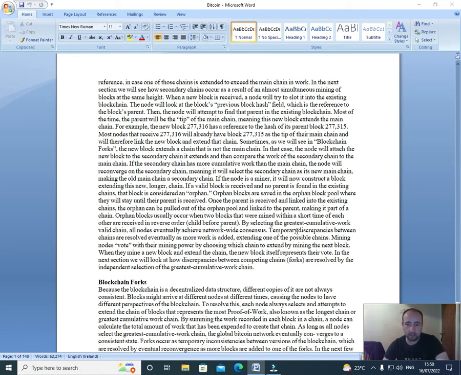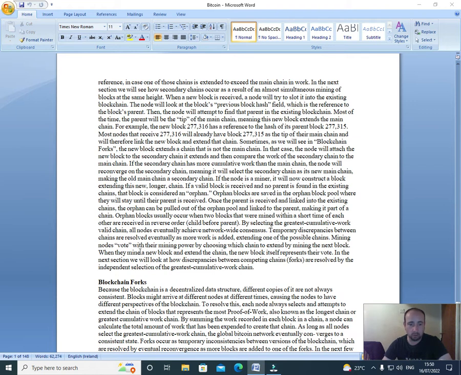By selecting the greatest cumulative work valid chain, all nodes eventually achieve consensus. Temporary discrepancies between chains are resolved eventually as more work is added, extending one of the possible chains.